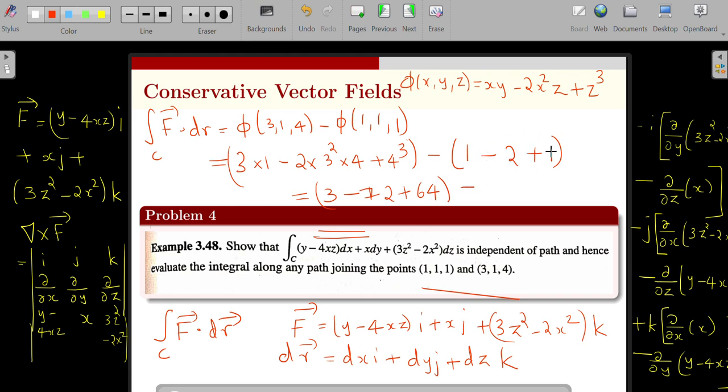So 3 minus 72 plus 64 gives our final answer of minus 5. So the work done to move this particle from (1, 1, 1) to (3, 1, 4) is in fact minus 5. Hope that it is clear to you.